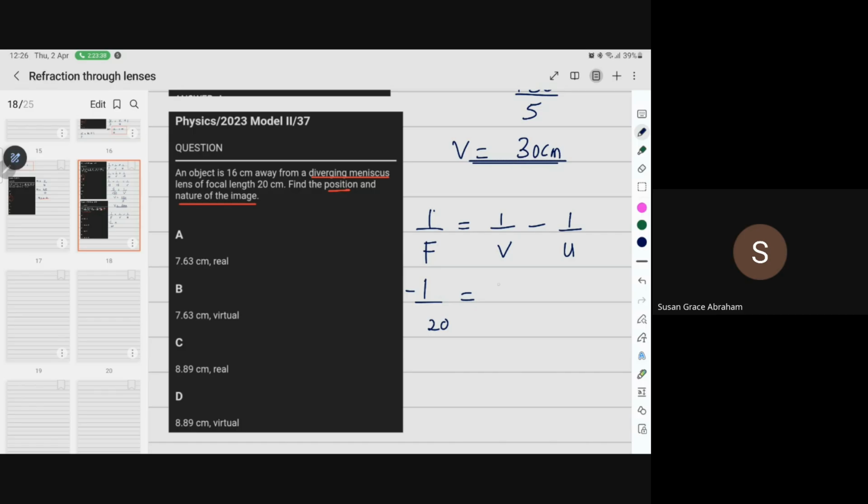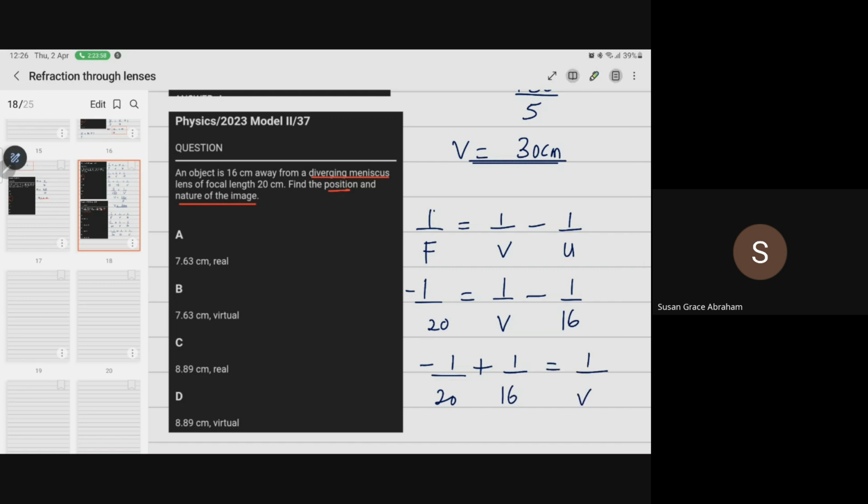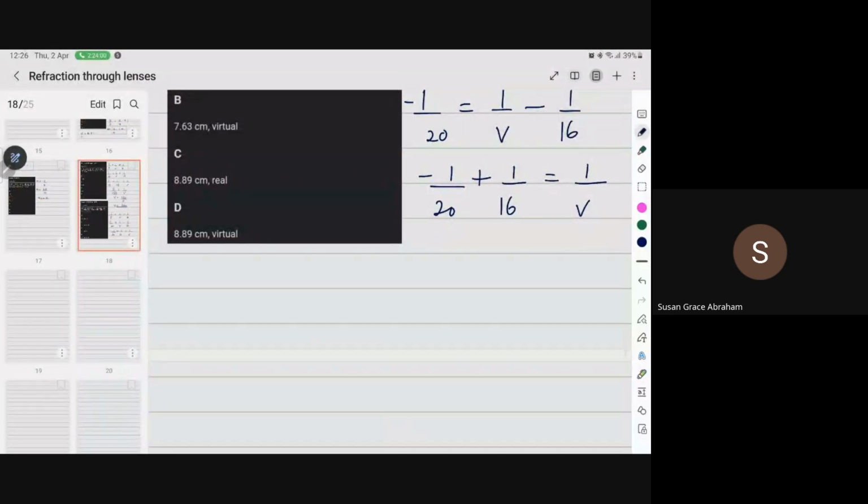All right, so that will be 1 over v minus, the object is 16 meters away, so we're expecting 1 over 16. So minus 1 over 20 plus 1 over 16 is equal to 1 over v. Now I will apply my equivalent fractions. What will I multiply 16 by? Is there anything that can be done, or can I use my calculator straight up?